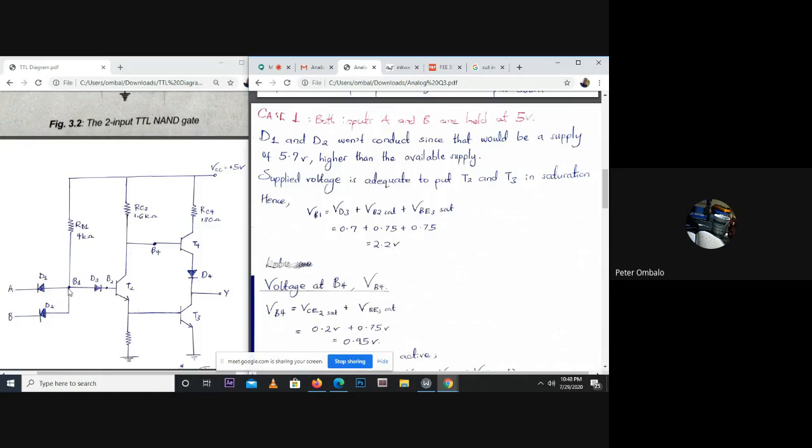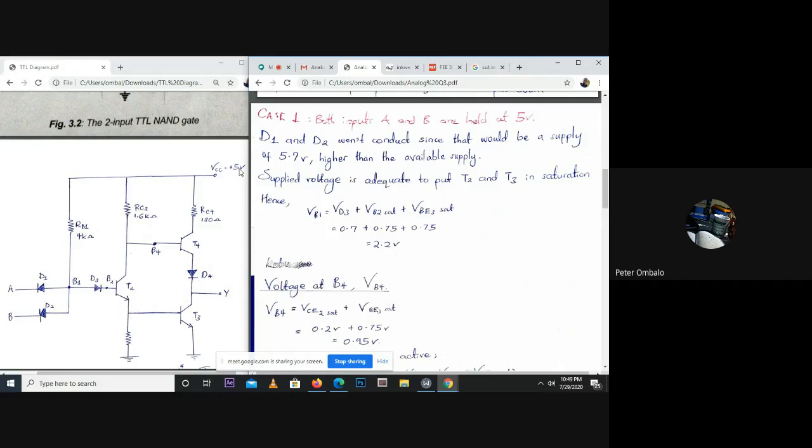Since B1 cannot be at 5.7 volts because that is higher than the supply, diodes D1 and D2 are not going to conduct. So the voltage at B1 is going to be given by this other path through D3, T2, and T3.